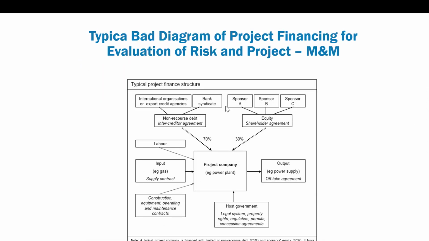This is even worse. If I want a picture of the risk, I want this diagram to say something other than just being some mushy piece of whatever. I want to see where you're getting the money, where the volume risk is, where the revenue risk is.